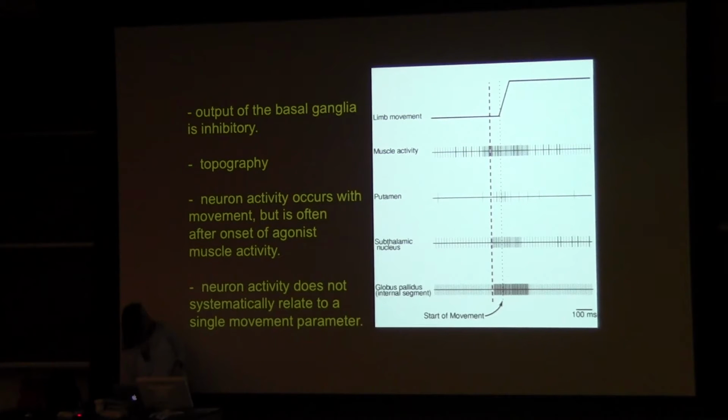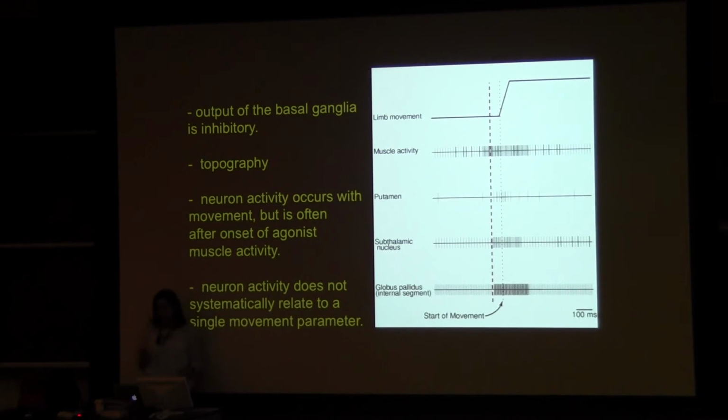And so what happens is that you have muscles coming on before you actually move the limb. That makes sense. You have some time to have the mechanical coupling in the muscle. And then you have activity in some of these structures that occurs a little bit later, kind of right around when the movement is starting. It's not a lot earlier than the movement.